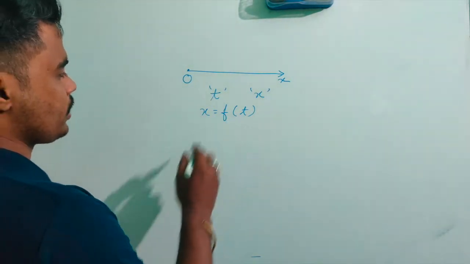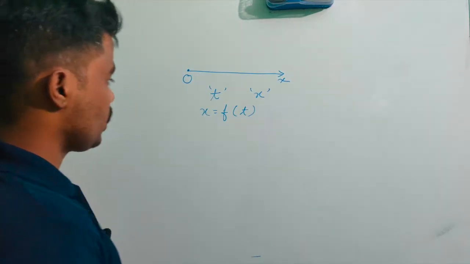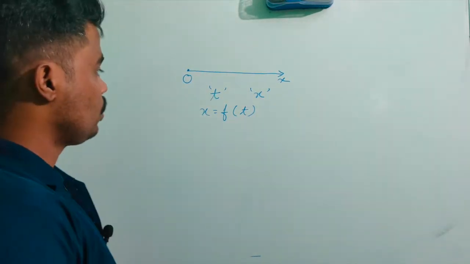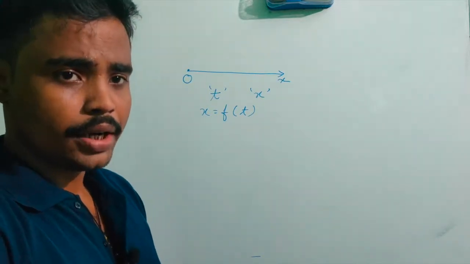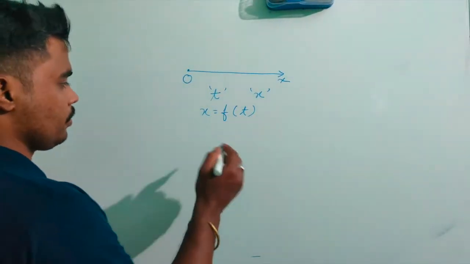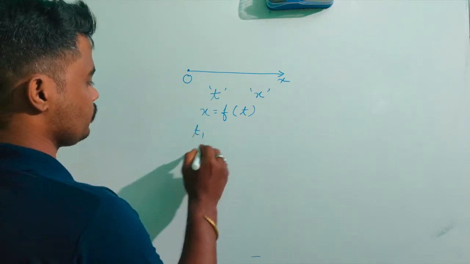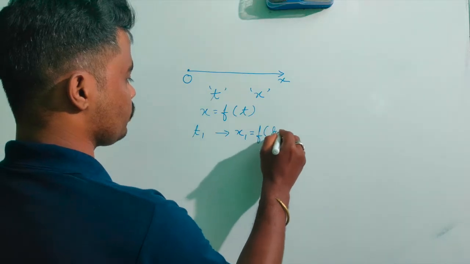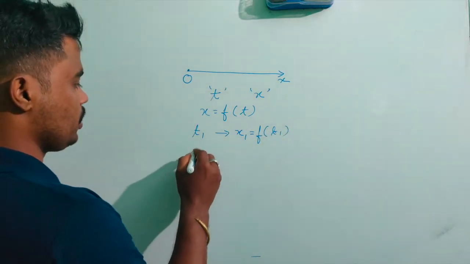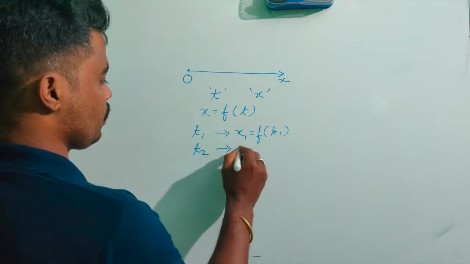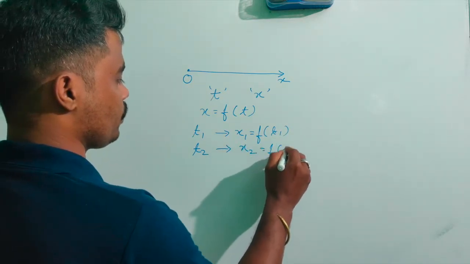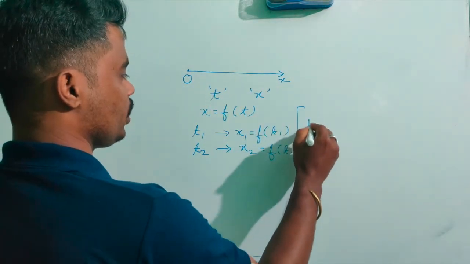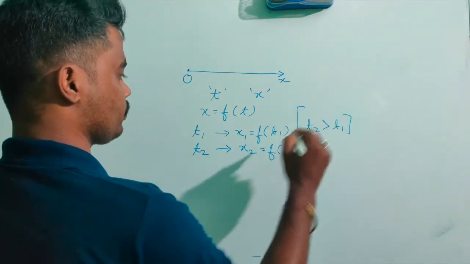Now if I know x as a function of t, then we can easily find the value of the position of the particle at any time instant. Say for time instant t1, the position of the particle is x1 equal to f of t1. At time instant t2, the position of the particle is x2 equal to f of t2. Here I choose t2 greater than t1.